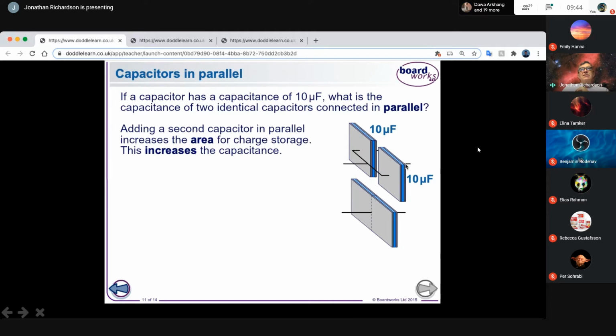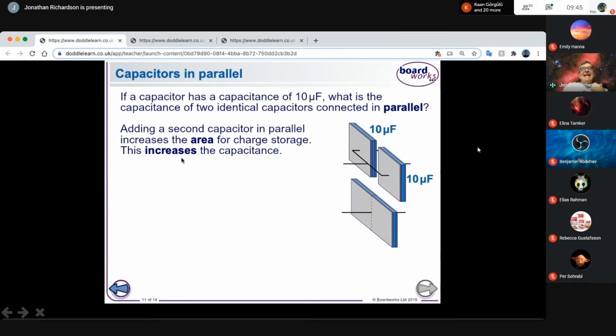Adding the second capacitor in parallel increases the surface area here because we've got this capacitor joined to this capacitor. So it's the equivalent of having one capacitor with twice the size, same separation, the plates are the same distance apart, and the medium is the same between these two capacitors. So what have we done?